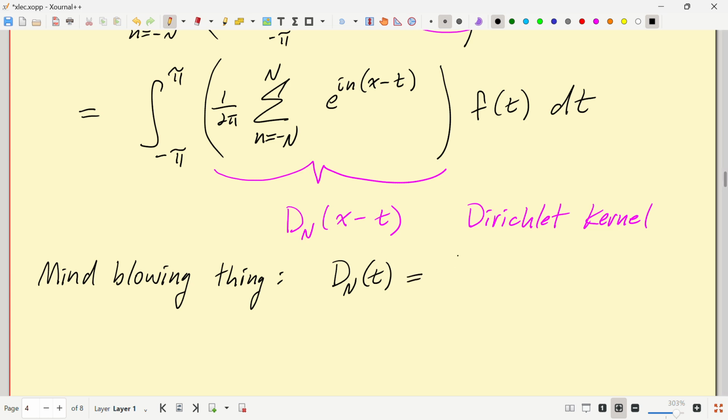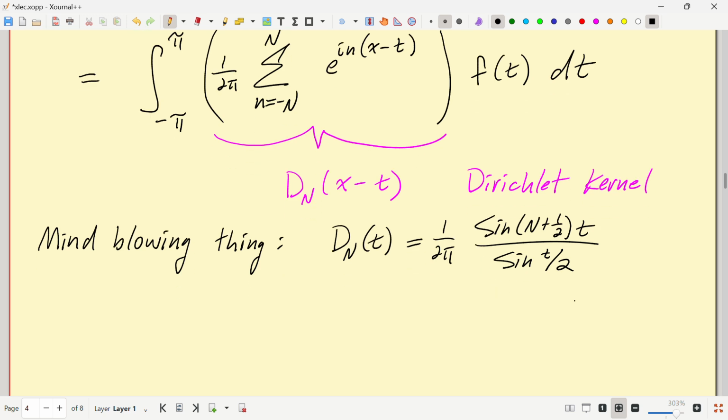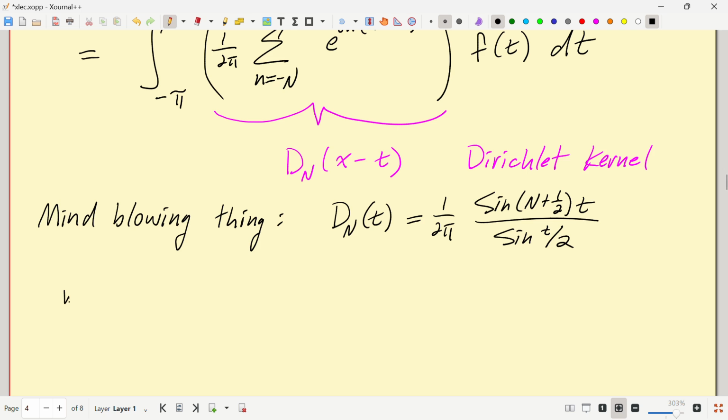It's 1 over 2 pi, sine of (n plus a half) t, over sine of t over 2. That's a mind-blowing thing. And we can see it here because we know about geometric series. Here's why.